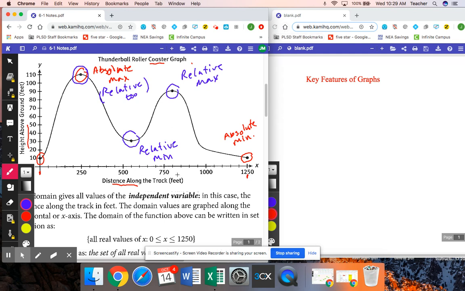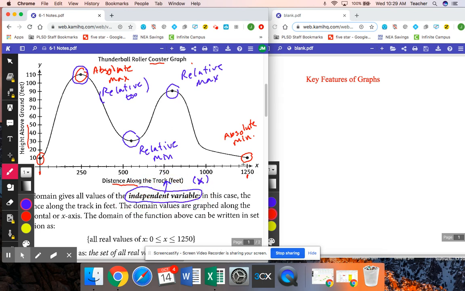First off, I should have gone back and done this first. The distance along the track is on the x-axis. We know this is the x-axis. The actual height that this goes is based on the distance. Since we input the distance, we call this the independent variable.